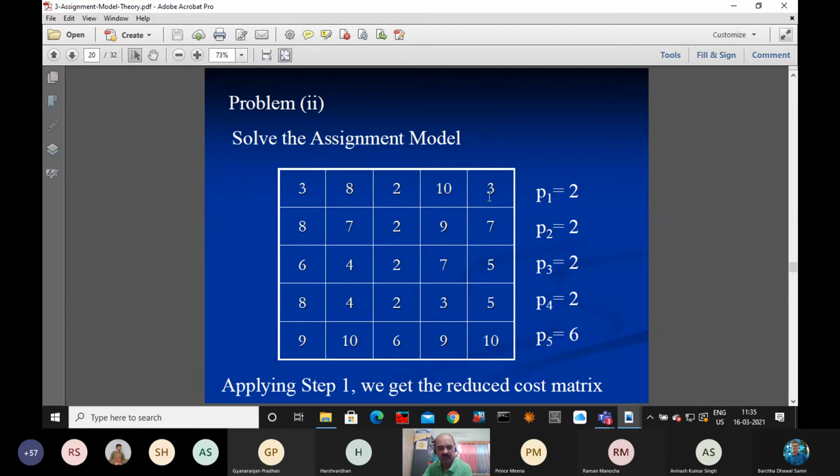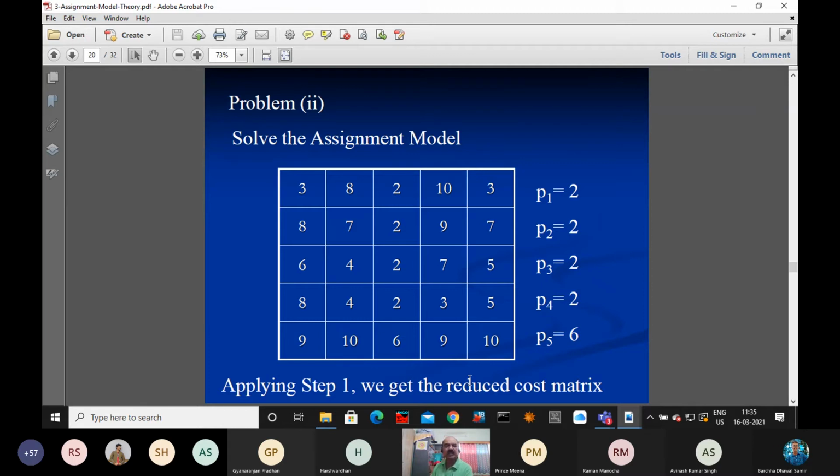It is very simple in the sense. This is a 5 by 5 assignment matrix. It is a square matrix. There are 5 workers and 5 jobs. We have to assign 1 worker to 1 job so as to minimize the assignment cost.